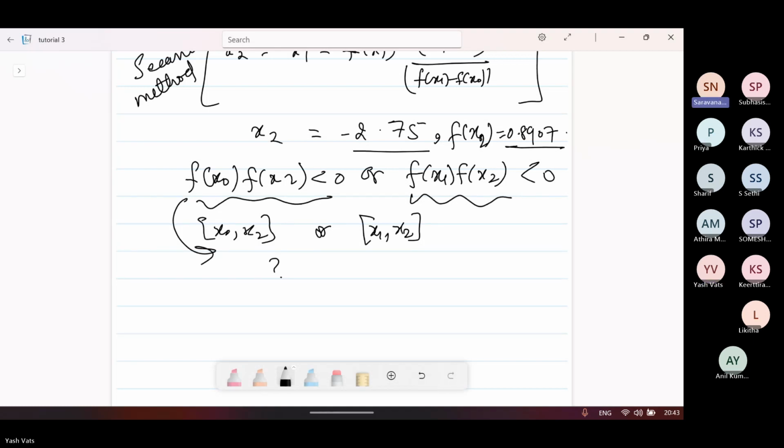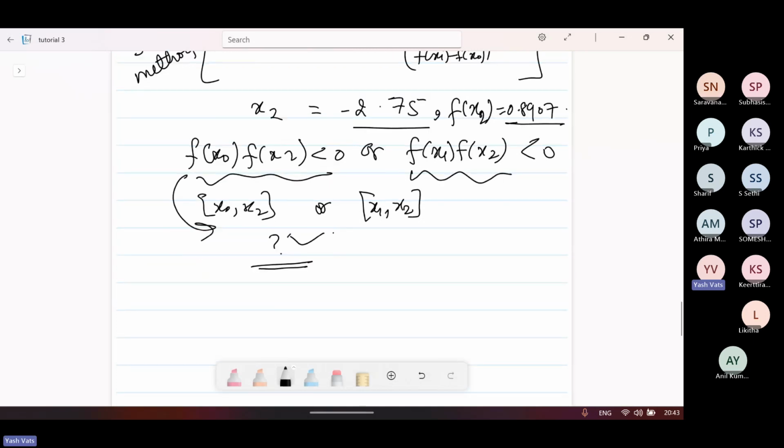So the root lies between x0 and x2, and you can proceed that way.